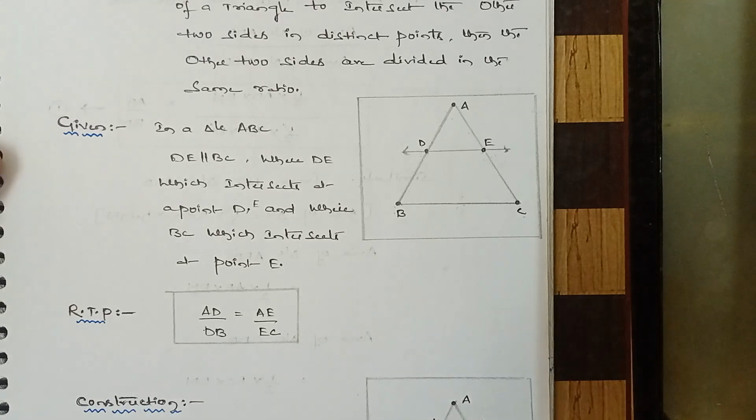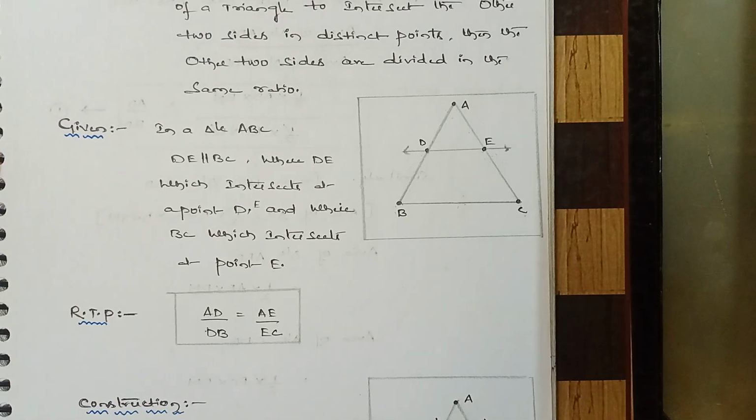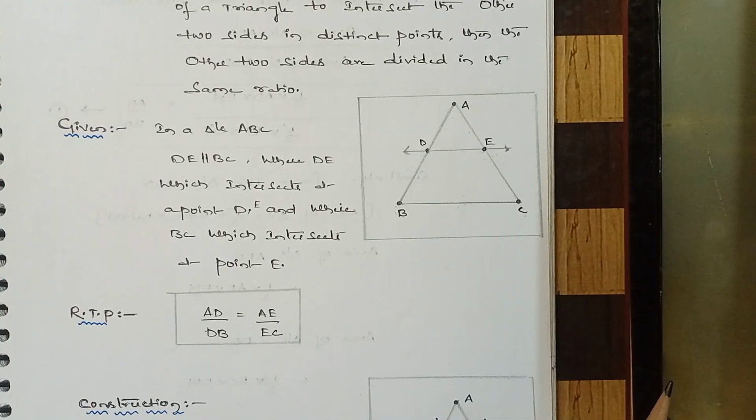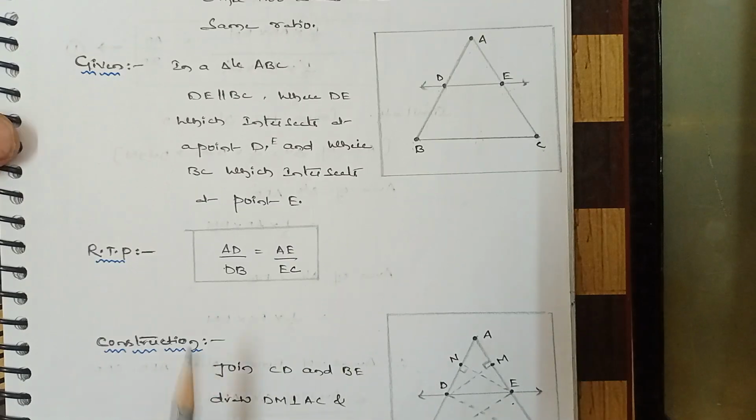Now see, we cannot prove this theorem directly. We need to make some changes in the given figure for our convenience, to get our result. That is nothing but construction.